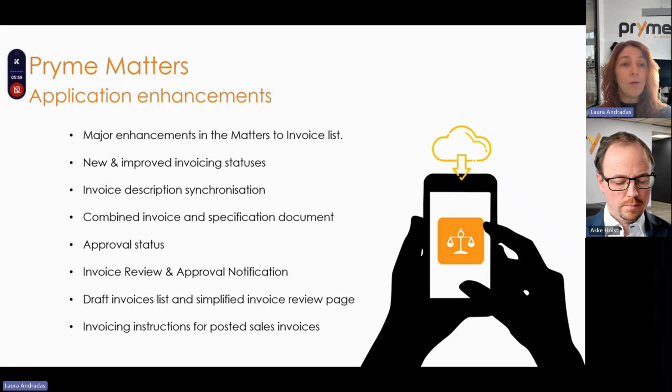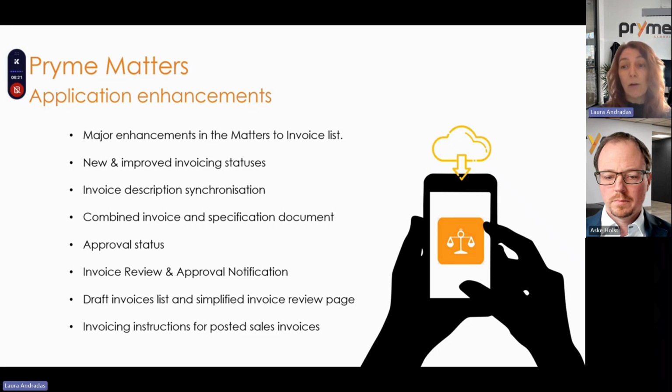Apart from this, there are new and improved invoicing statuses, being the new ones invoice approved and invoice rejected. There's also the option to synchronize invoice descriptions, and you can create a single document which includes invoice and specification.